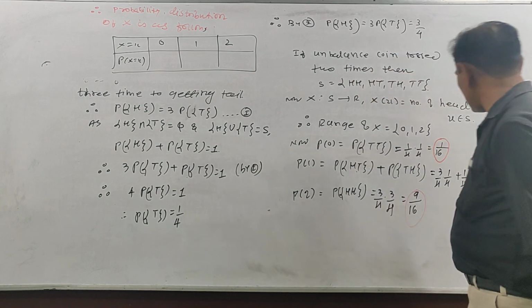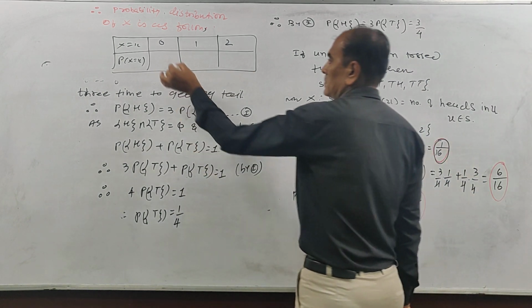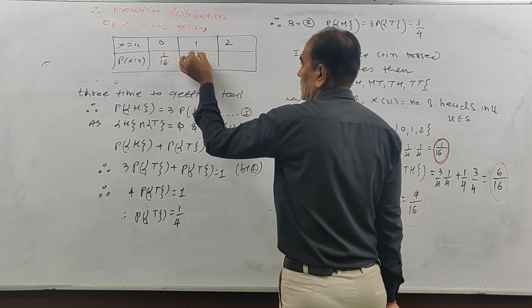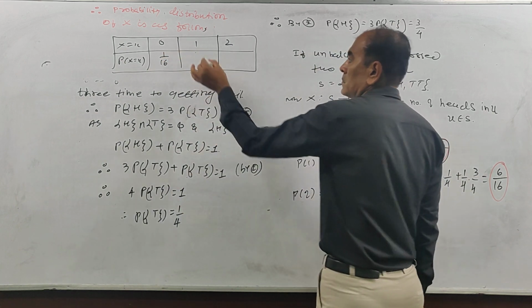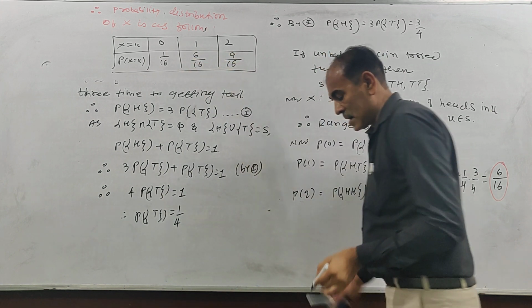What is P of 0? 1 by 16. Then P of 1 is 6 by 16, and P of 2 is 9 by 16.